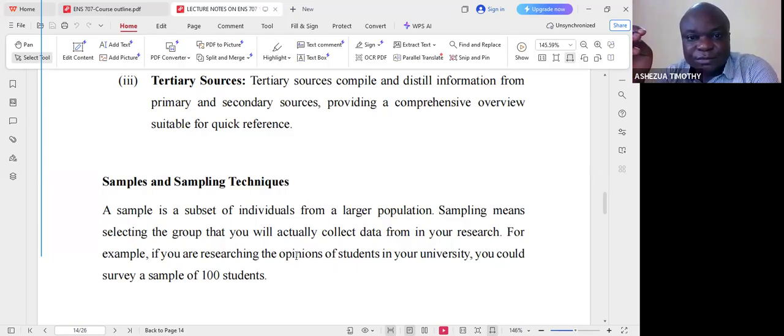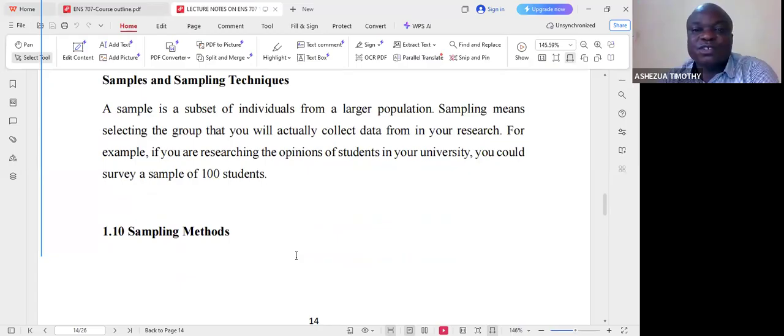Now, sampling means selecting the group that you will actually collect data from in your research. For example, if you are researching the opinions of students in your university, you will survey a sample of 100 students out of the population you are looking at.